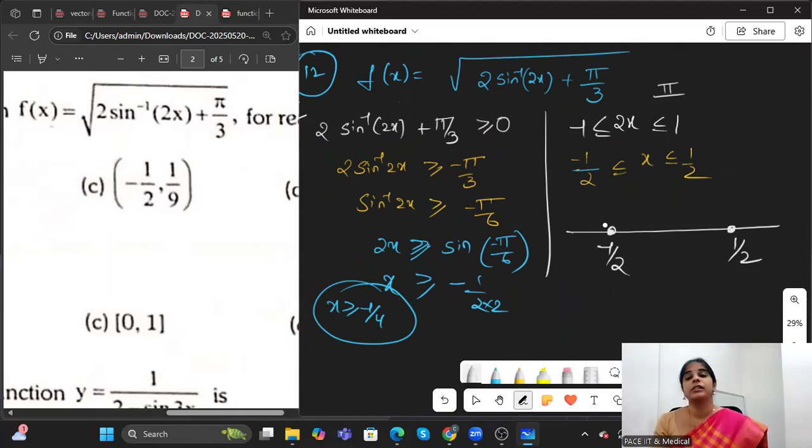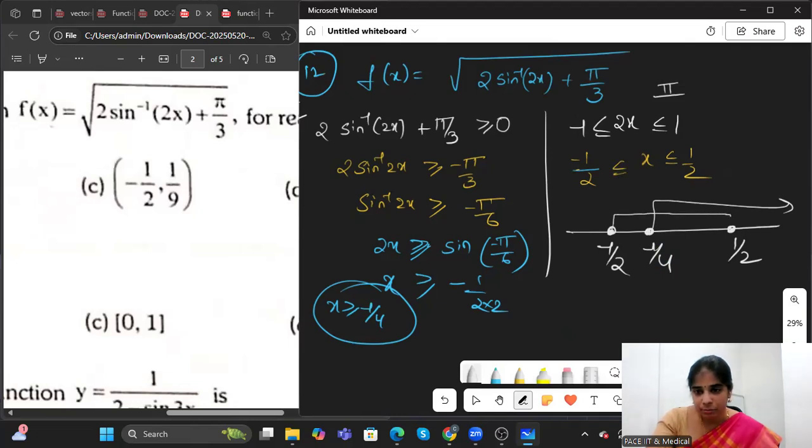Basically 1 by 4 is smaller, but minus 1 by 4 will be greater. In the sense, here lies your minus 1 by 4. So x is greater than minus 1 by 4 and the question here lies in between these two. Obviously the common solution is minus 1 by 4 to 1 by 2, taken this way.